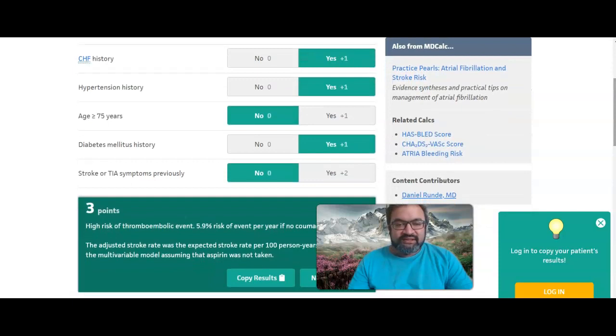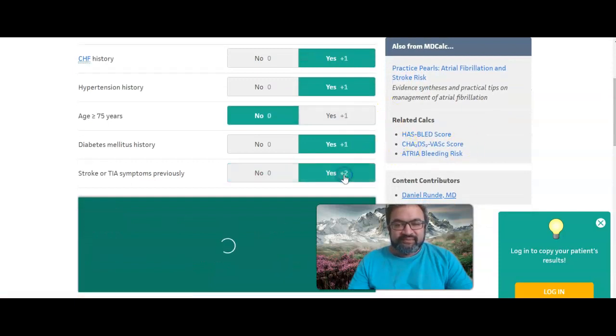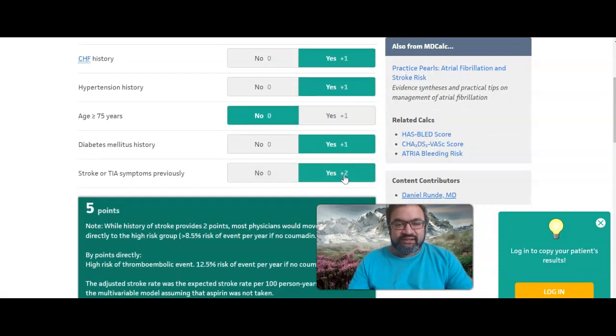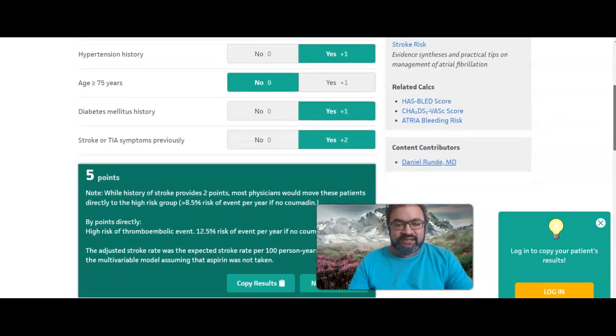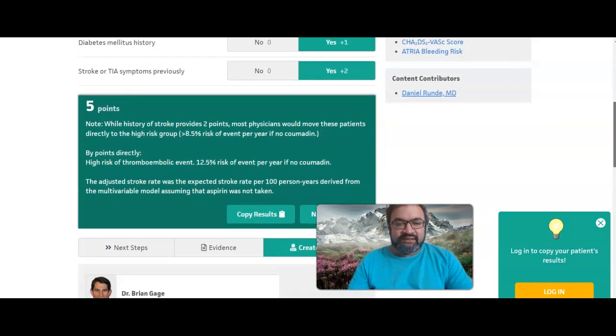Usually these take place hand in hand. And if the individual had transient ischemic attack, then they are in the high risk group, greater than 8.5%. By points directly, high risk of thromboembolic event, 12.5% of event per year if no Coumadin.